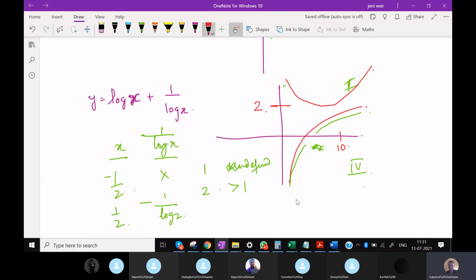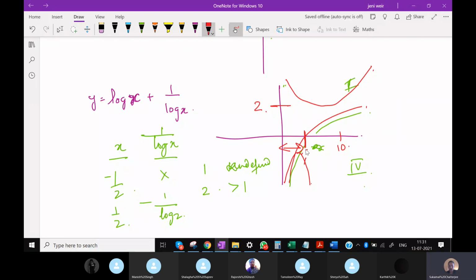And in the fourth quadrant, this will be existing only when x is lying between 0 and 1. And the graph here would be like this, right?